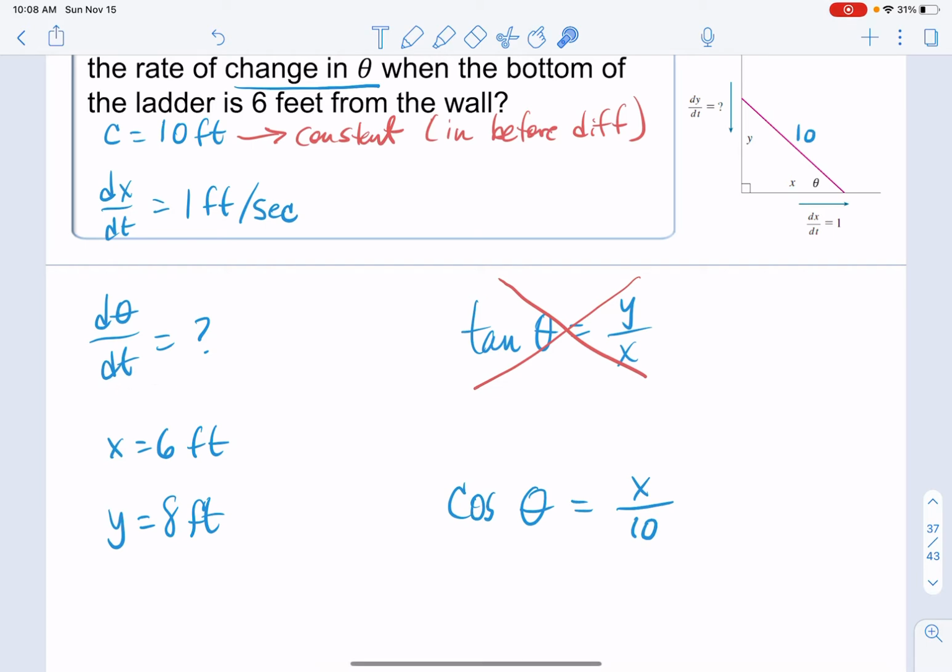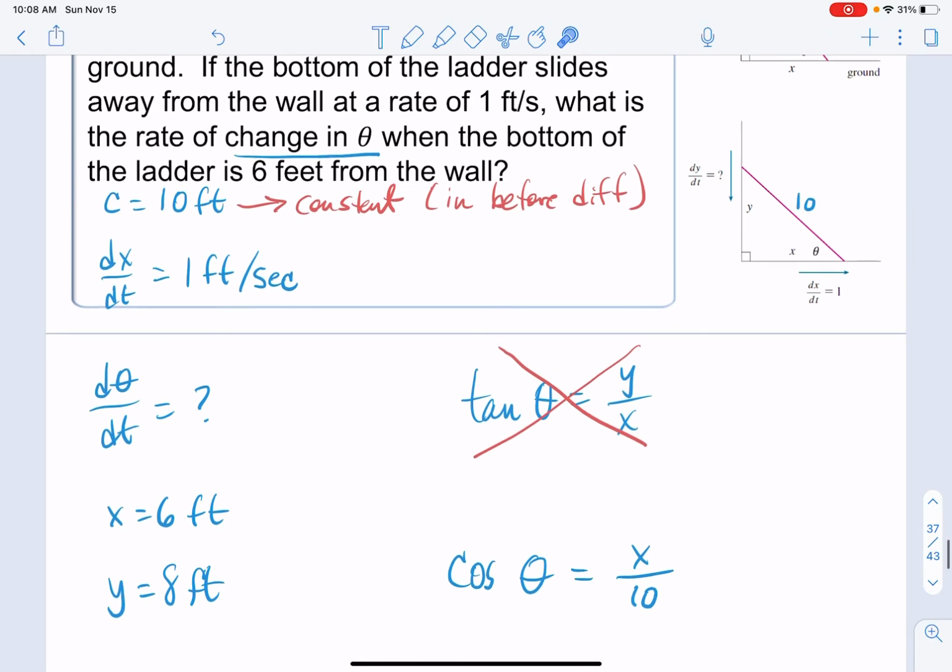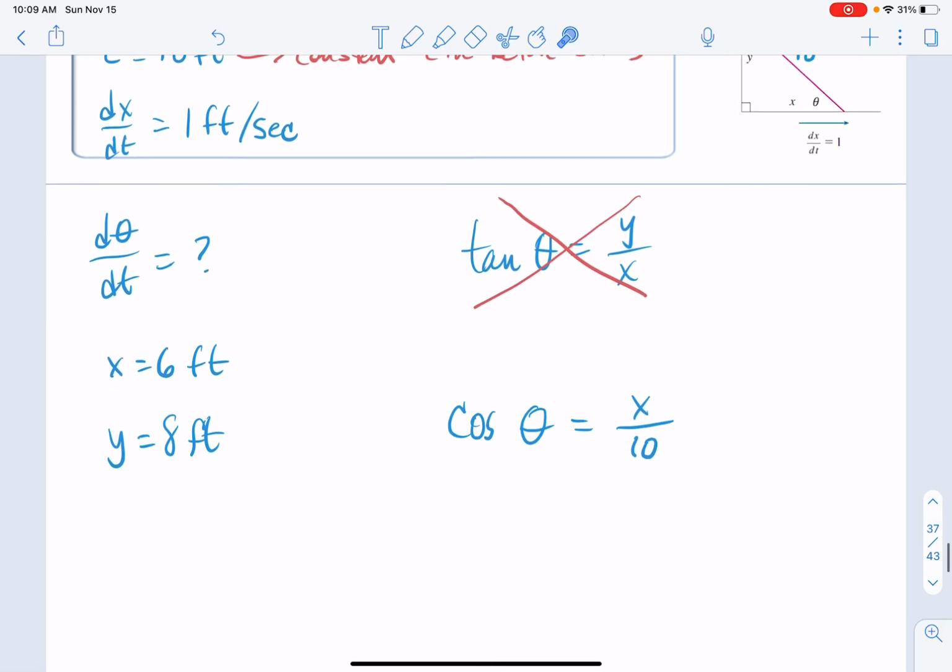Now, it's usually at this point kids freak out. Like, what am I supposed to do if this is a non-calculator part in order to find the cosine of that angle? Well, you don't have to worry about it. They're giving us values for this particular right triangle, right? They gave us 10 here. They gave us 6 for the x value, which means that we should be able to calculate a sine, a cosine, a tangent in terms of just a ratio and completely bypass the angle.